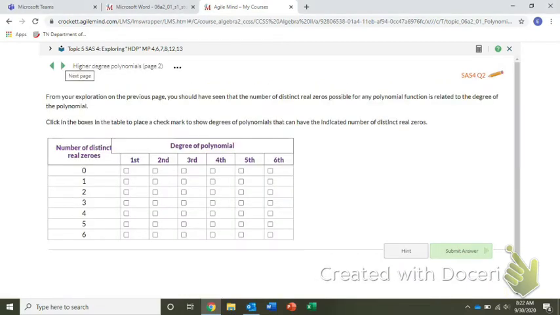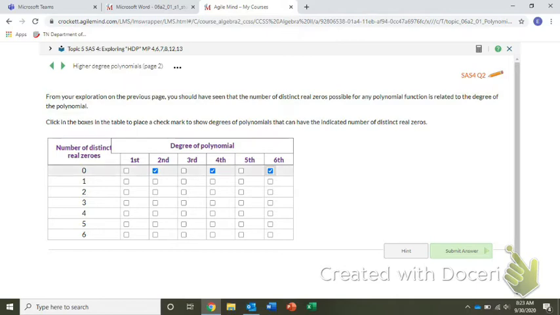And we're given this chart. So we have to think. Let's do all of the even degrees first. Remember, even degrees are 2nd degree, 4th degree, and 6th degree. We just wrote that a polynomial of even degree can have any number from 0 to n distinct real roots. So if it's an even degree, we can start at 0 and go to the number of zeros that our degree is.